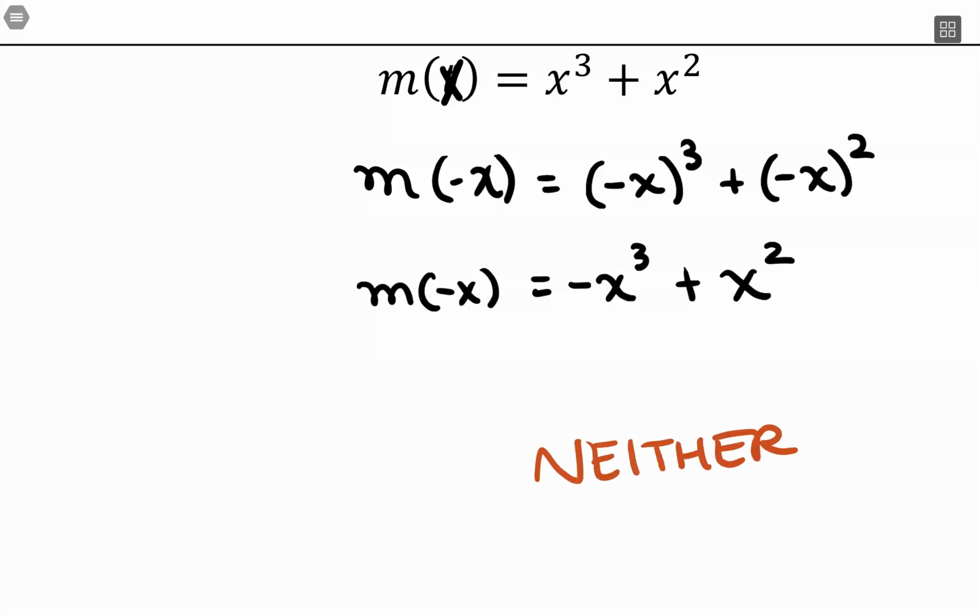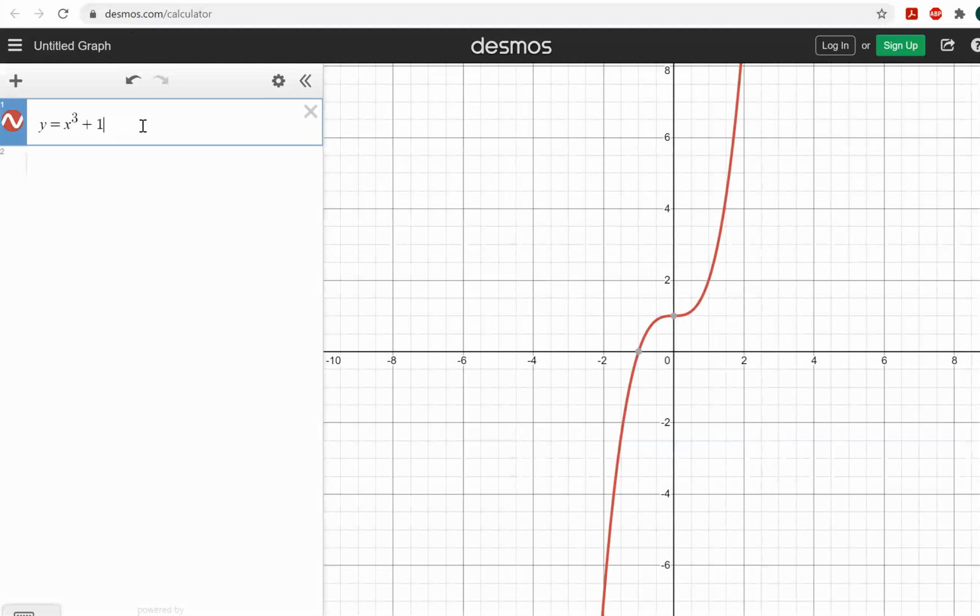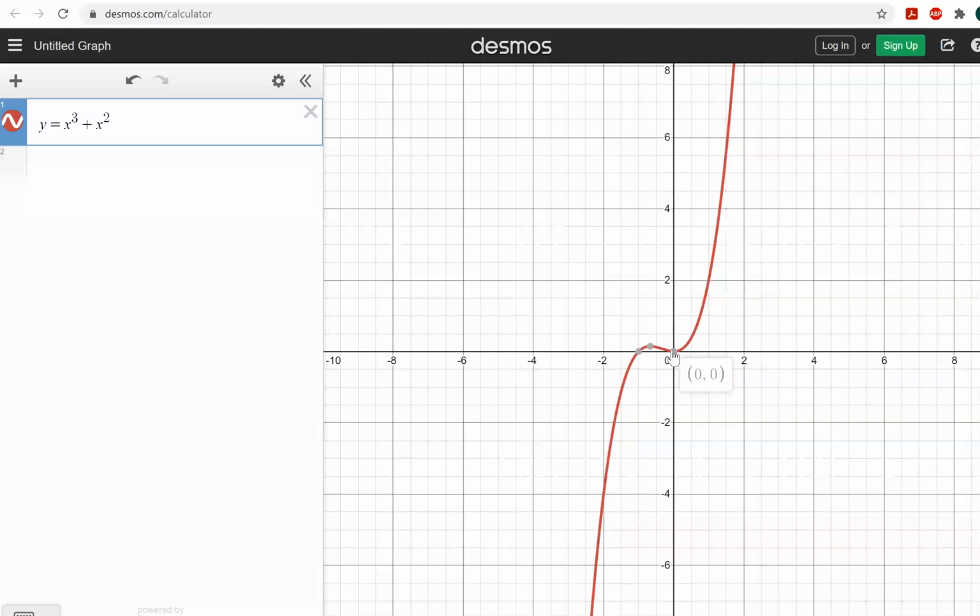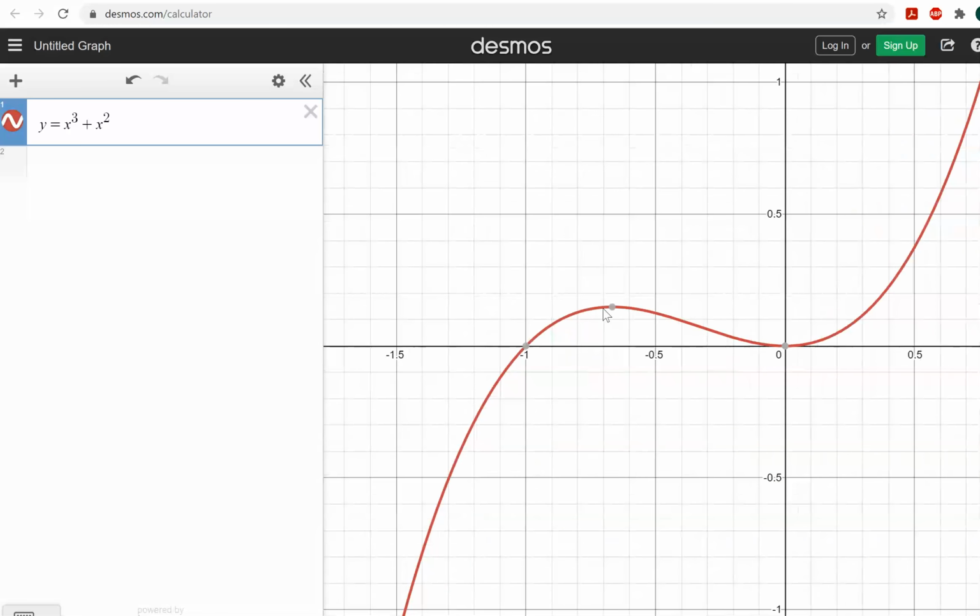Let's take a look at the graph of this one. x cubed plus x squared. So, kind of similar idea here. Let me focus on this point. It's not the prettiest of points, but let's focus on it. It's negative 2/3 and 0.1481.